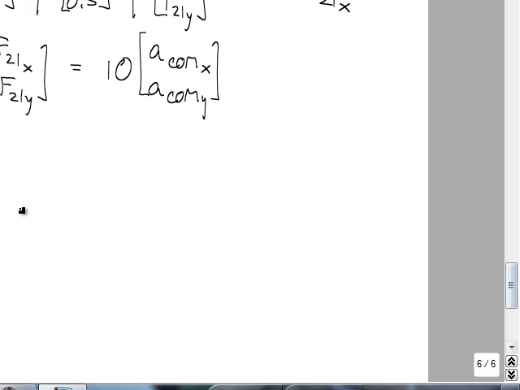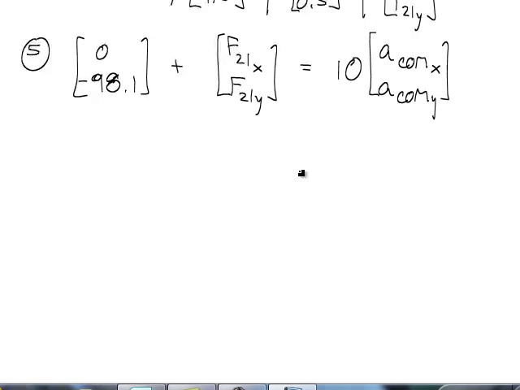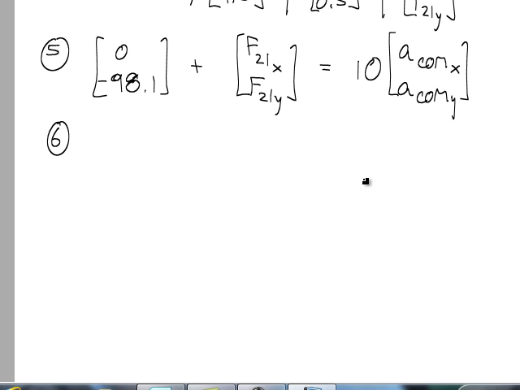And then step 6. So this is rotational Newton's second law. It says 0 minus 0.5 F21x is equal to 0.833 angular acceleration.